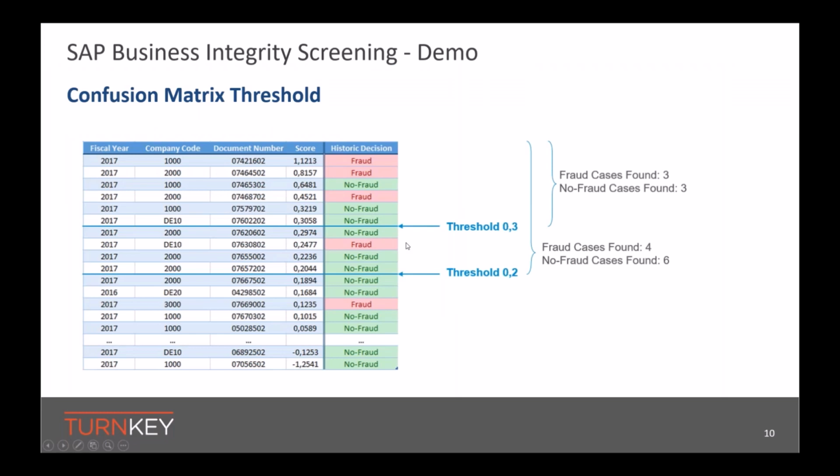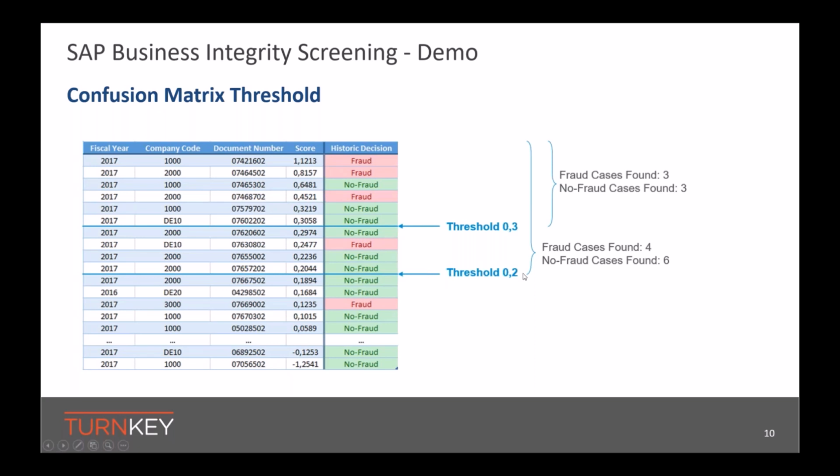So imagine you have a set of data, and the predictive detection method is building a score for this data. Every combination of document, company code, and fiscal year gets a score. And with the threshold, for every score that is above this threshold, an alert will be created.